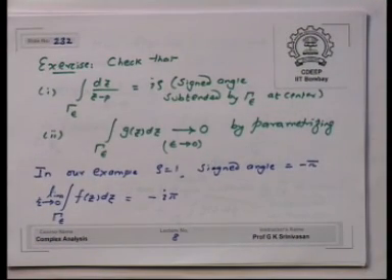The second part is to show that the integral of g z dz goes to 0 as epsilon goes to 0. Parameterize. What is z? Z is p plus epsilon e to the power I t. What is dz? dz is I epsilon e to the power I t dt.